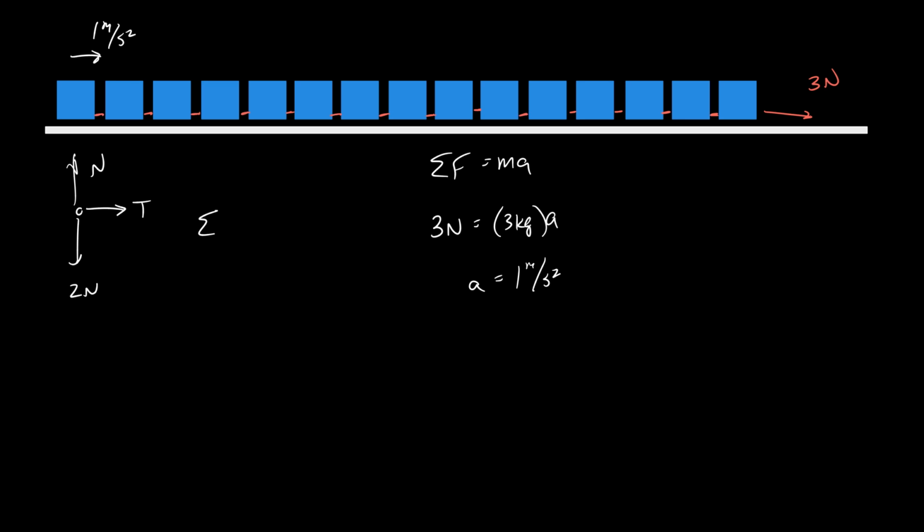So net force equals MA. So that'll be tension equals 0.2 times A. So the tension is 0.2 newtons.